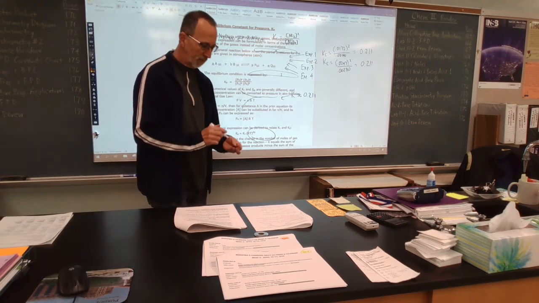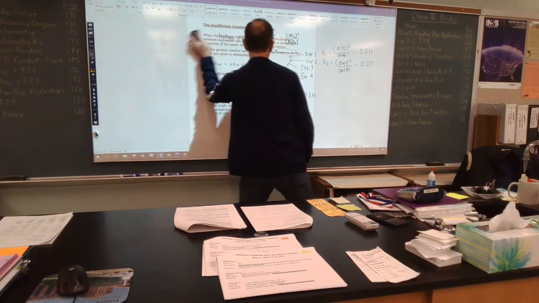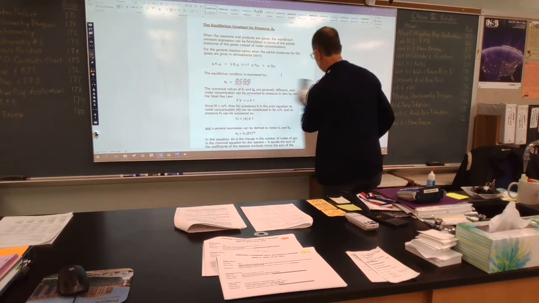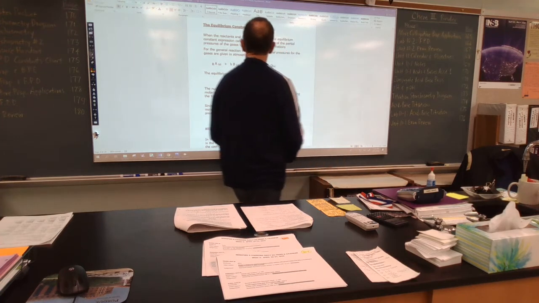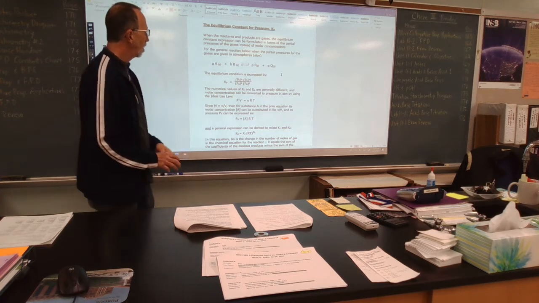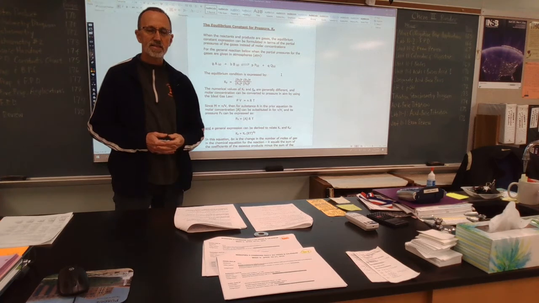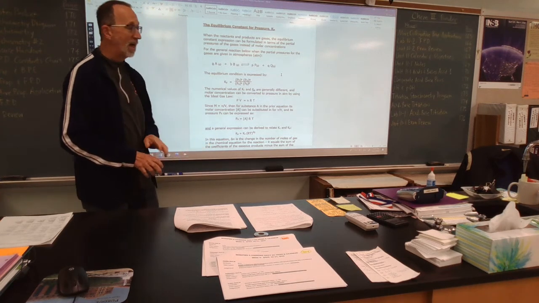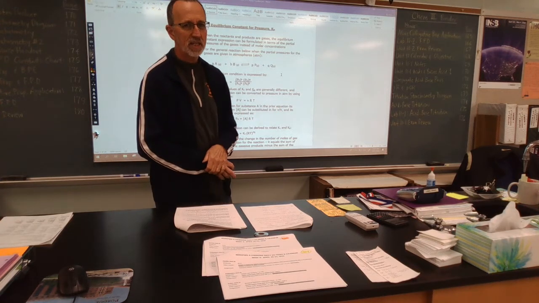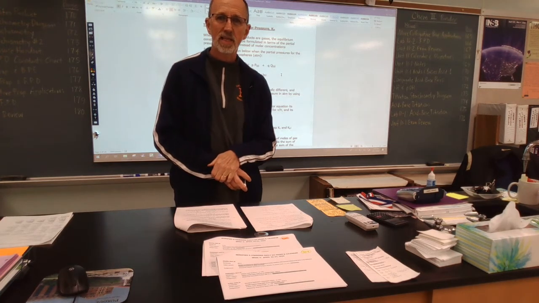The equilibrium constant for pressure. Okay, I mentioned this, Kp. When the reactants and products are gases, all right, the equilibrium constant expression can be formulated in terms of the partial pressures of the gases involved in the reaction rather than molar concentration. We've talked about this before. When you're dealing with gases, it's much easier quantitatively to use pressures than it is concentration.